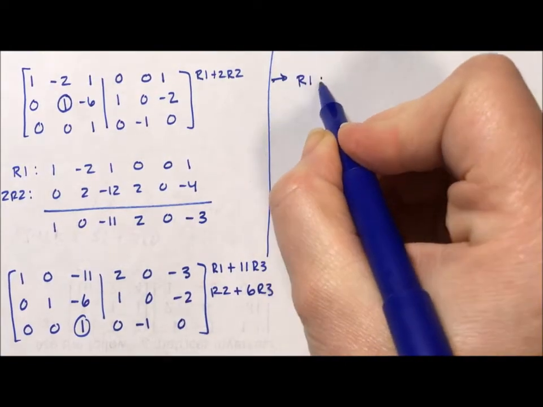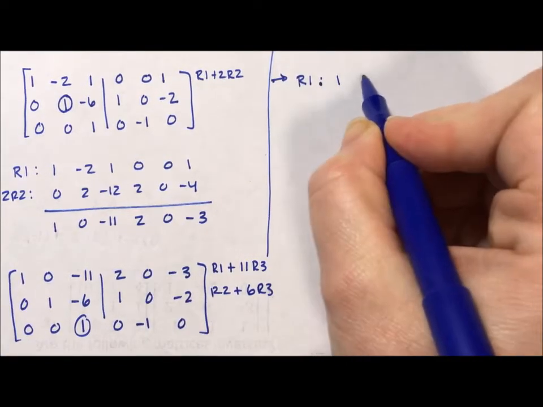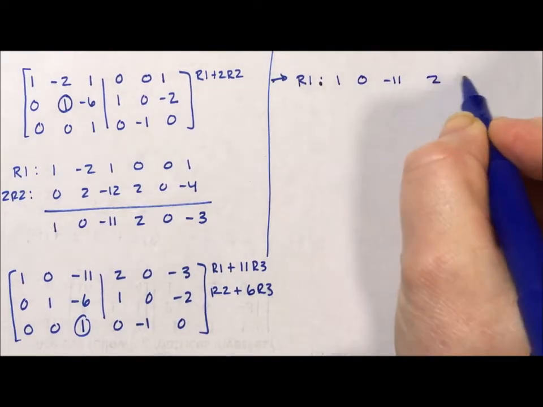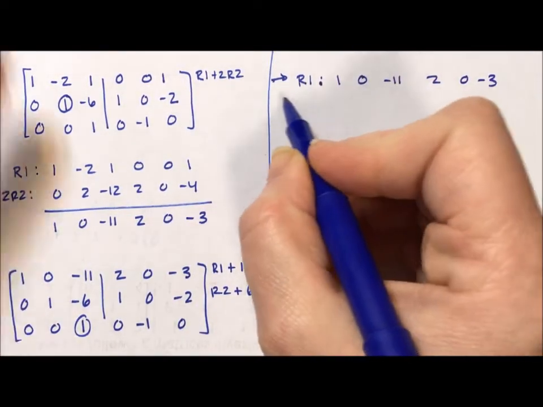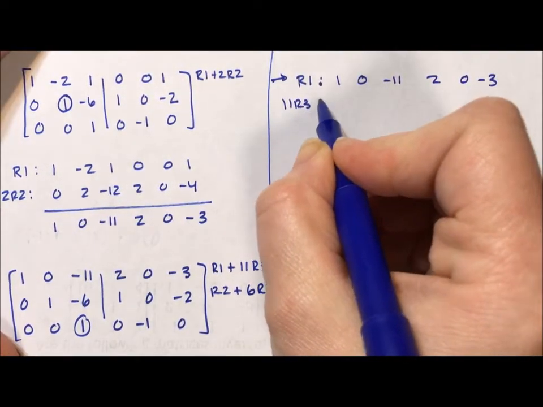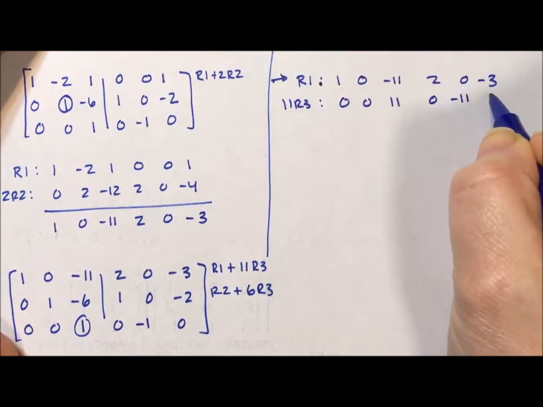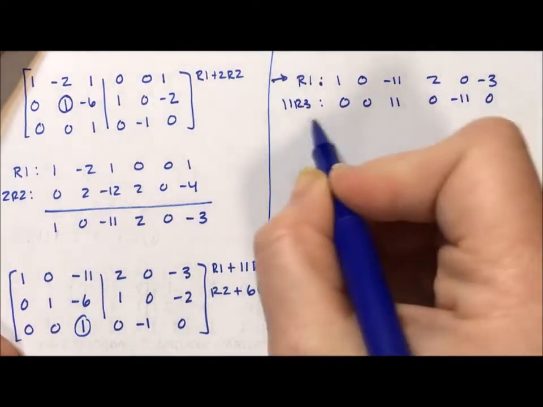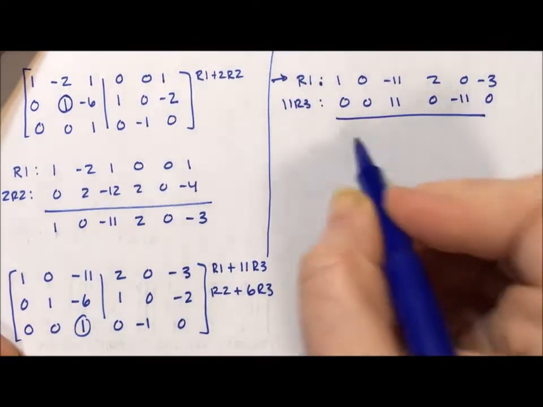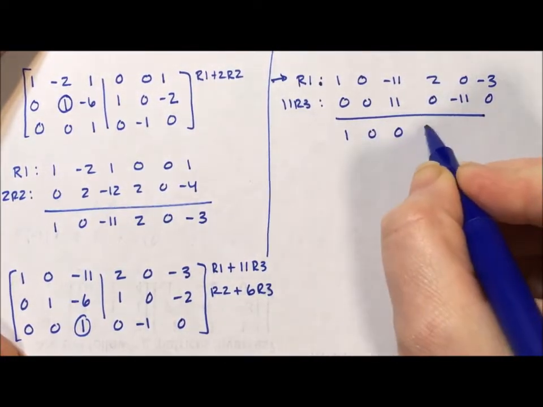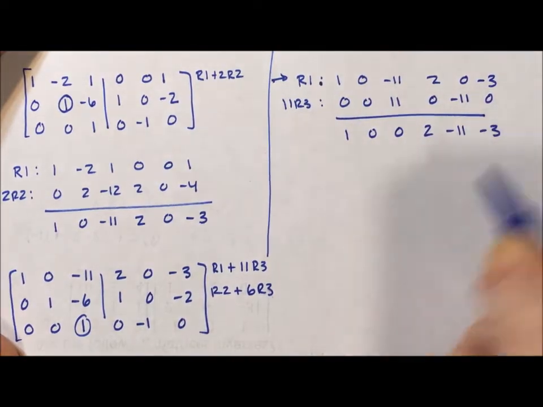Row 1 is 1, 0, negative 11, 2, 0, negative 3, and 11 times row 3 is 0, 0, 11, 0, negative 11, 0. So when I add down, I get 1, 0, 0, 2, negative 11, negative 3.